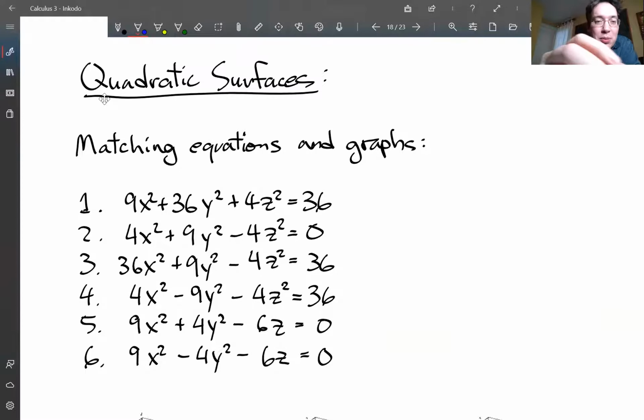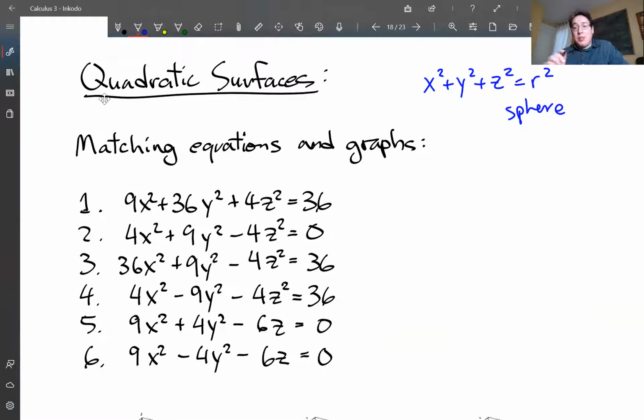But it'd be good to mention a sphere. Okay, so if you know that this corresponds to a round ball-like shape, that might give you a starting point to figure this out.